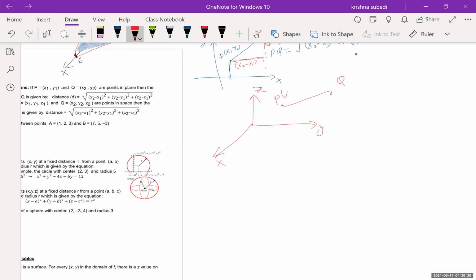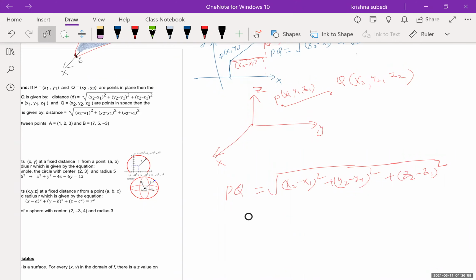So P is, let's say, (x1, y1, z1), and Q is (x2, y2, z2). So the distance between P and Q is given by the square root of (x2 minus x1) squared plus (y2 minus y1) squared plus (z2 minus z1) squared. The same formula can be extended further, no issue there. Okay, so these are the 2 formulas that you may want to remember.